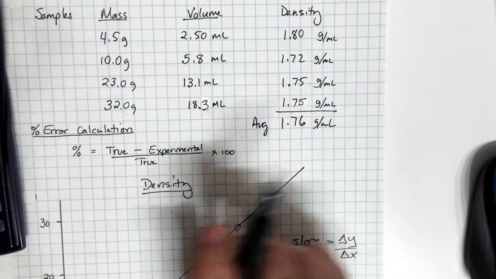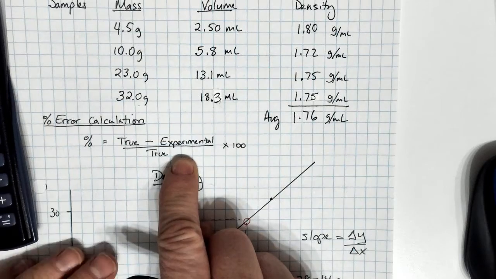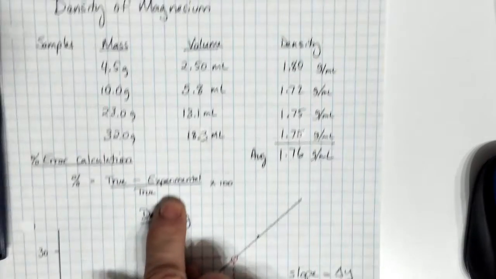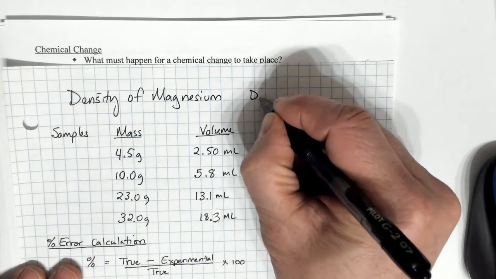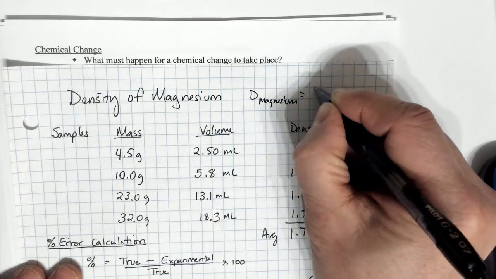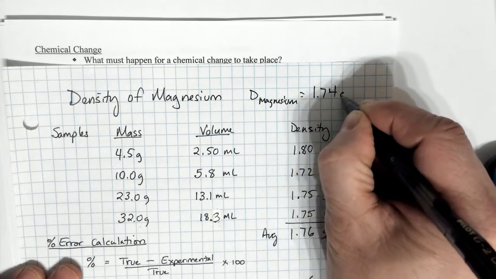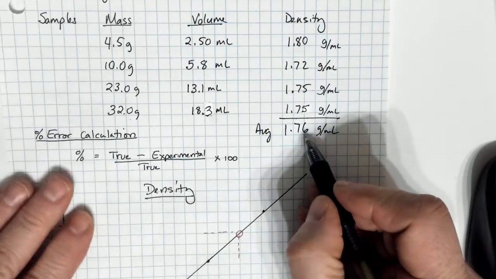Now, how do you do a percent error calculation rather than a statement? It's really simple math. I know the density of magnesium. Magnesium is in reality 1.74 grams per milliliter. And I'm pretty close to that number right here.